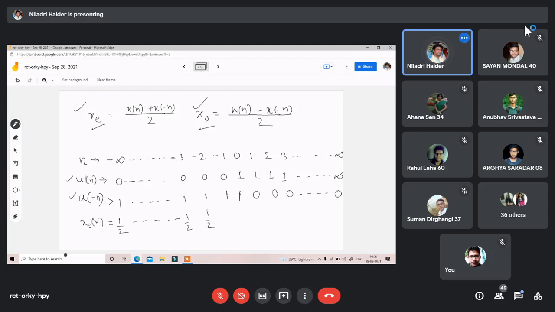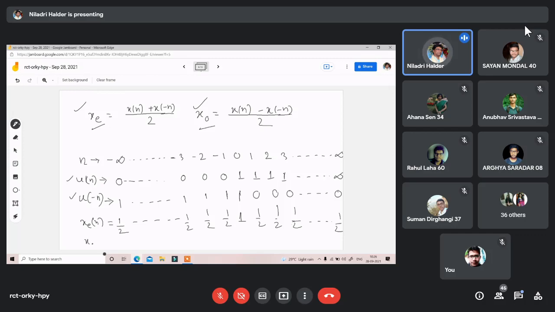Half. Half. For the 0th position, 1 plus 1 by 2, it will be 1. All other values, you can check, will be half. From minus infinity to infinity, all the values will be half except the 0th position. The 0th position value will be 1.